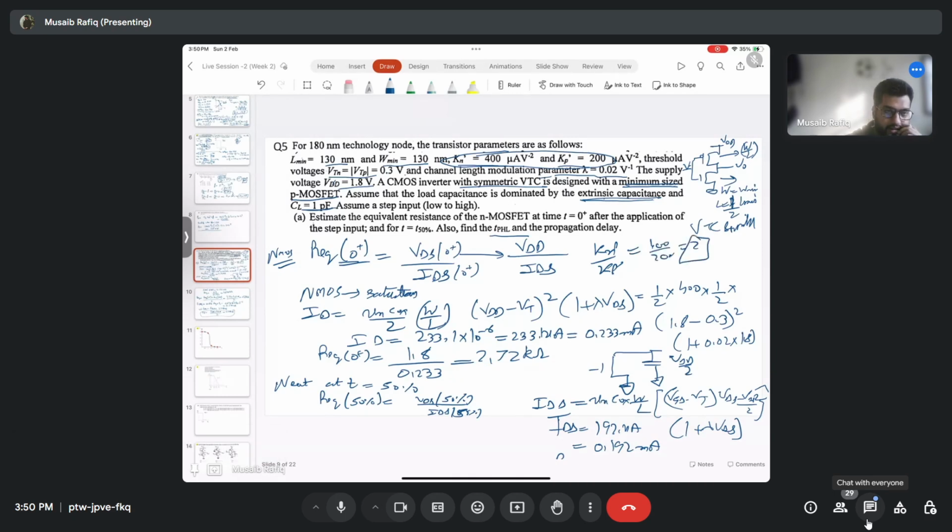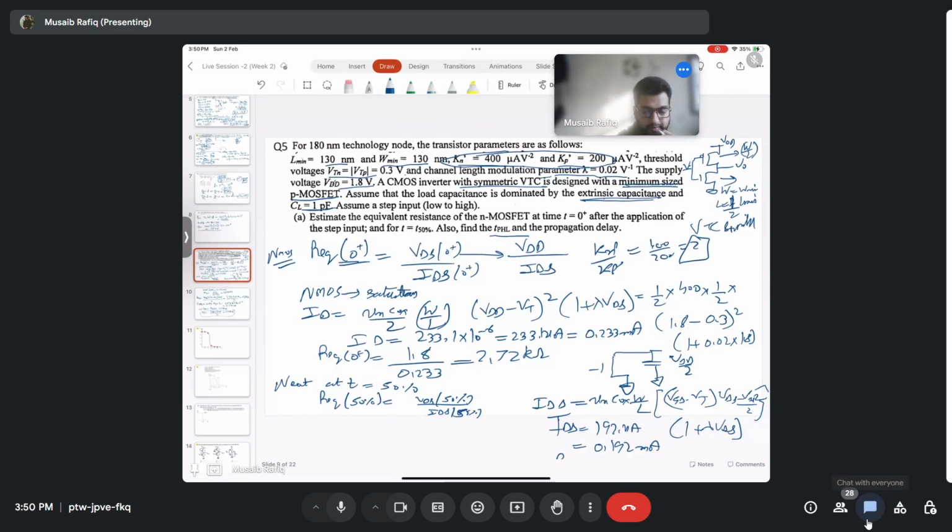So my L gets divided by 2. Characteristics were symmetric, PMOS was minimum size, that's why L of NMOS needed to be changed to half to get the characteristics symmetric, to get the delays equal, right?